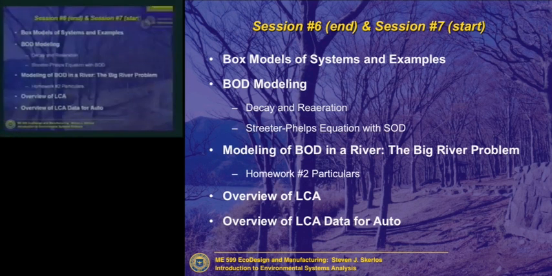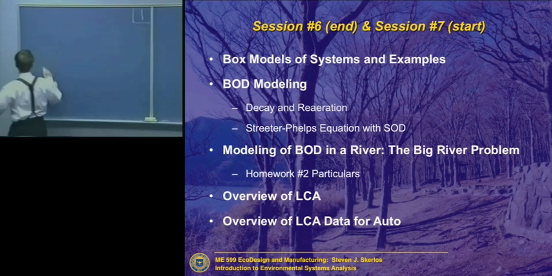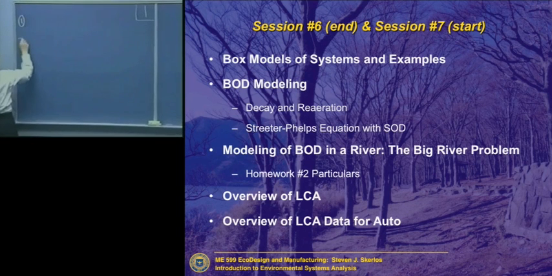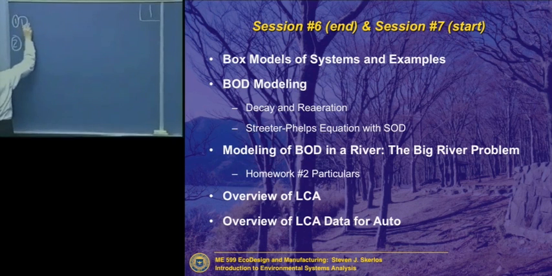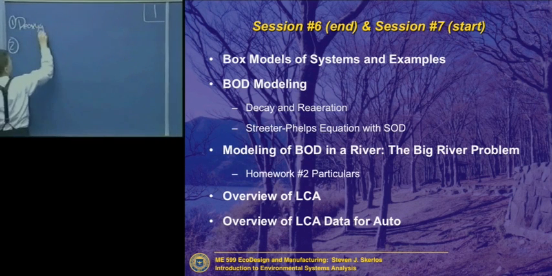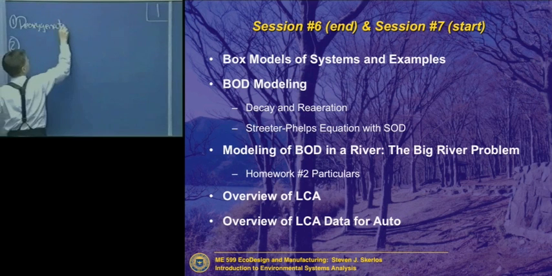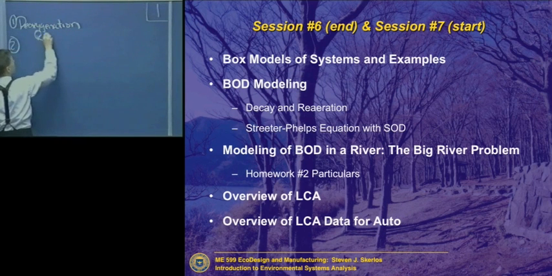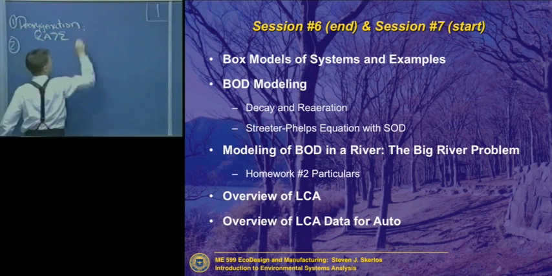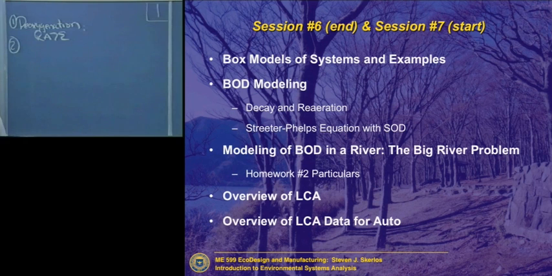Okay. Taking it to the board now, we have to model these two phenomena, reaeration and deoxygenation. So the deoxygenation rate, we said, is going to be proportional to the amount of oxygen-demanding waste that's in the system.